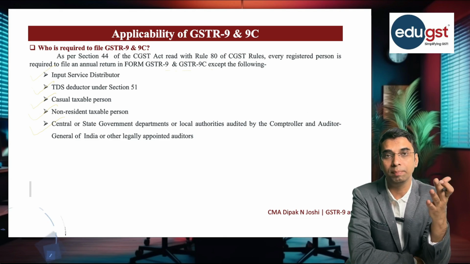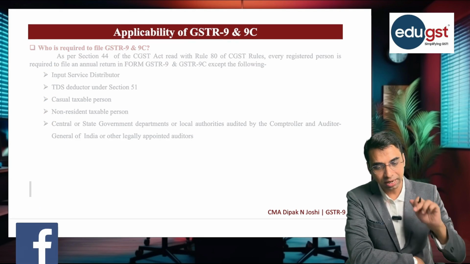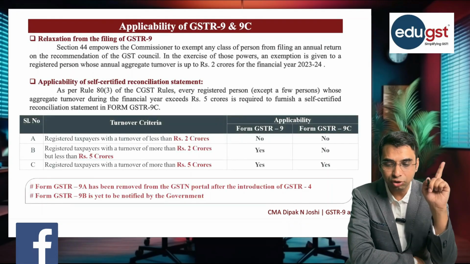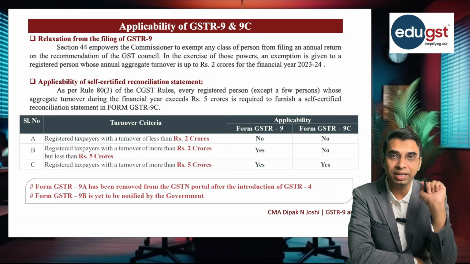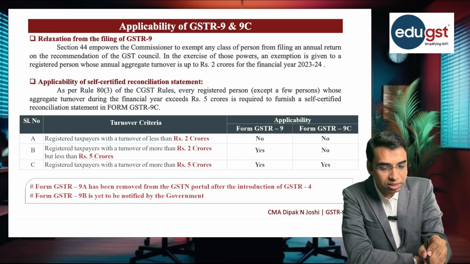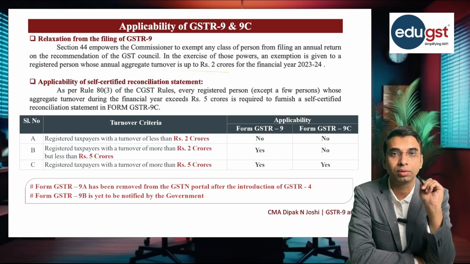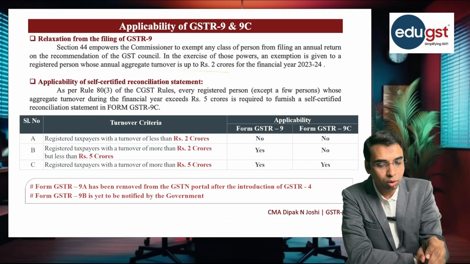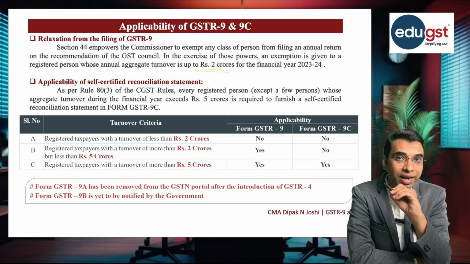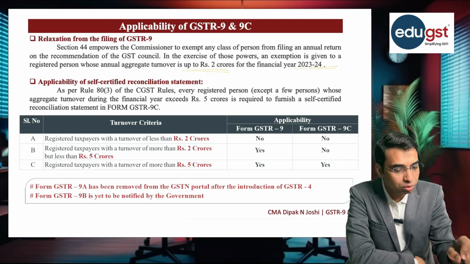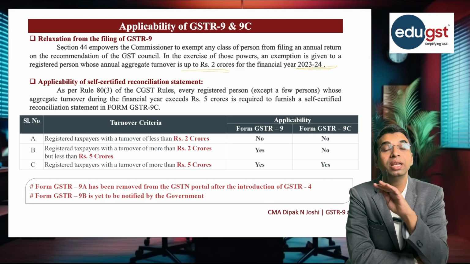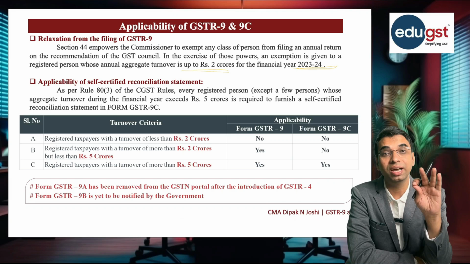So what is that turnover limit? Let's understand. In case of GSTR-9, if your turnover is up to 2 crores, in that case, for financial year 2023-24, there is no need to file GSTR-9.